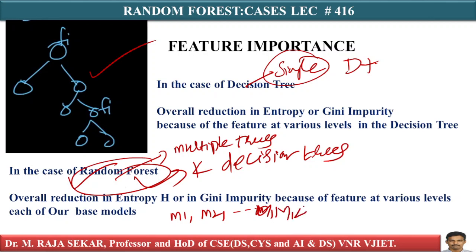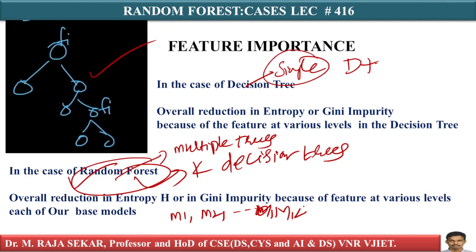We look at reduction in each decision tree based on the scheme of decision tree, and we combine all of them to see if a feature is important in random forest. So even feature importance in random forest is very similar, intuitively, to decision trees, except that now you have k decision trees instead of a single decision tree.